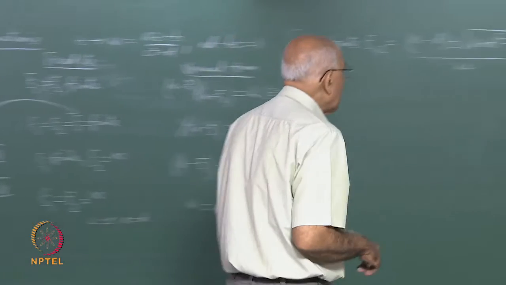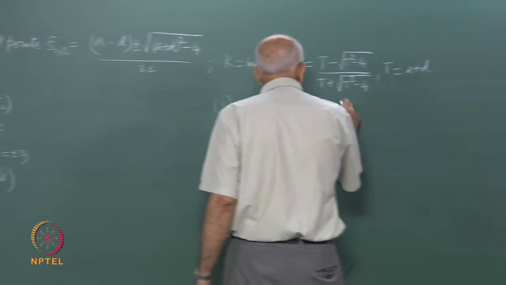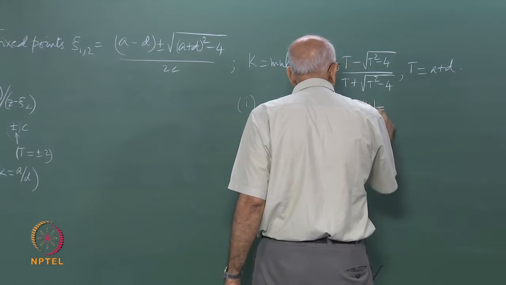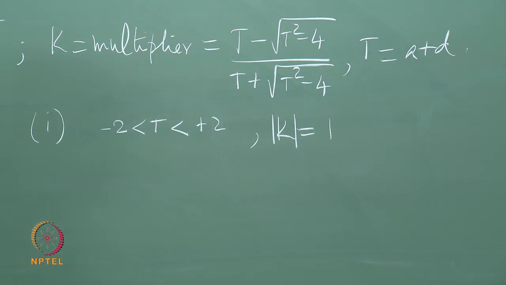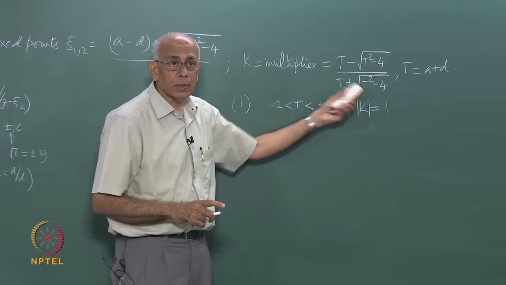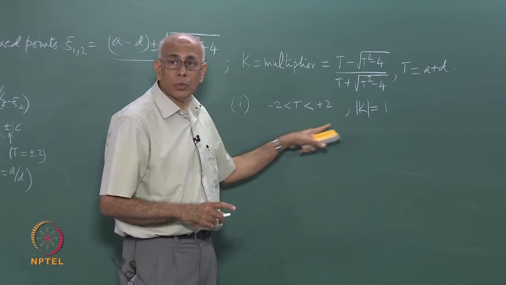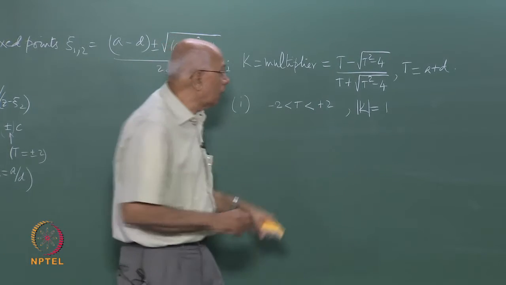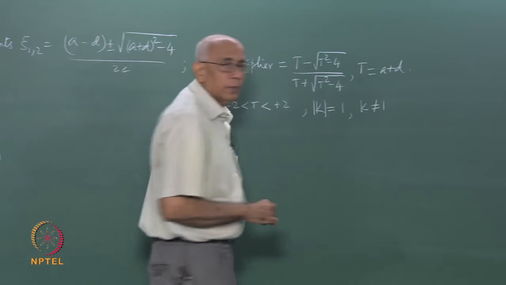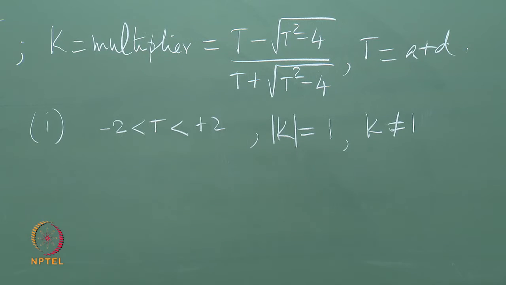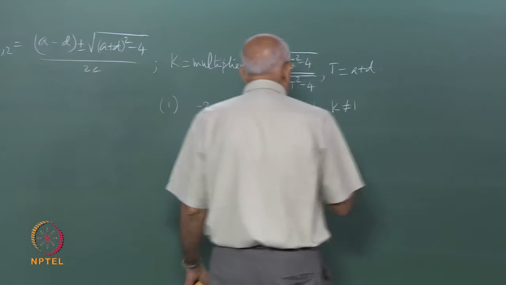So this immediately implies mod K equal to 1 in this case. K itself is not equal to 1 because this thing is not 0 out here, it is strictly between -2 and +2. So mod K equal to 1, K not equal to 1. Only in modulus is this number equal to 1, but it is not unity itself. And then you have what is called an elliptic transformation.